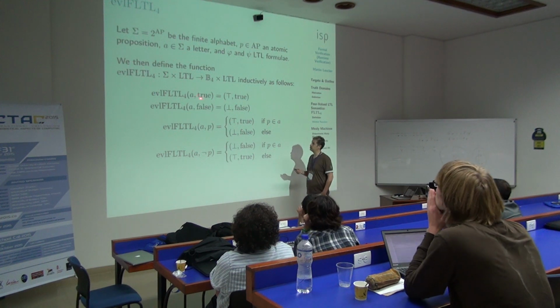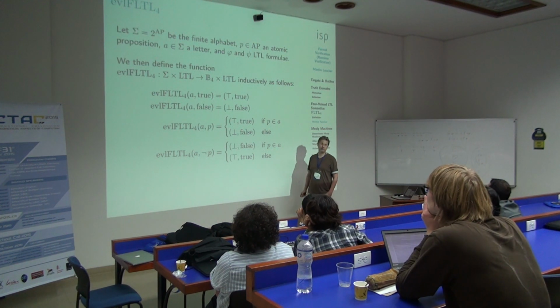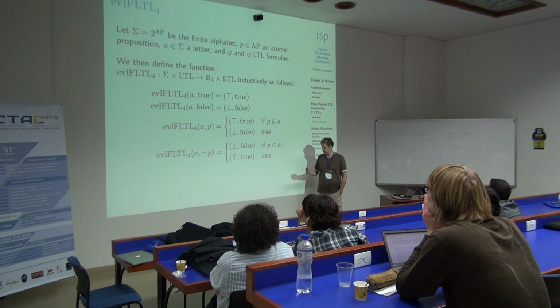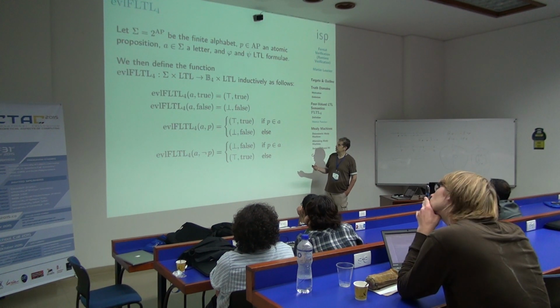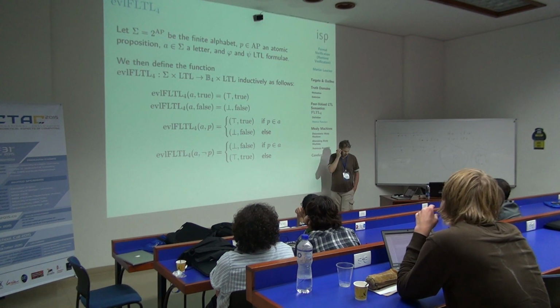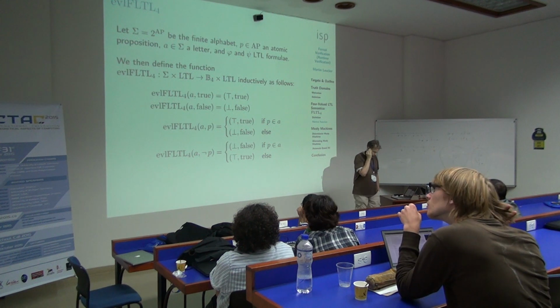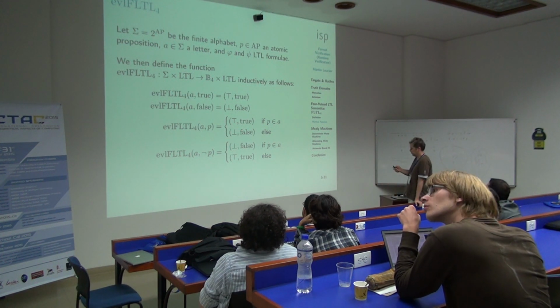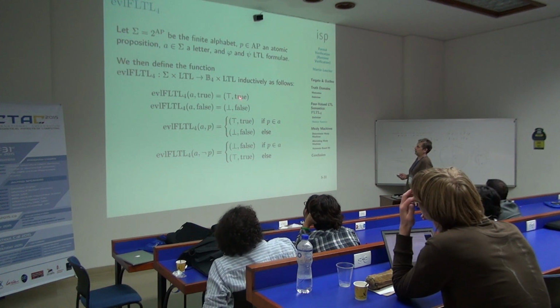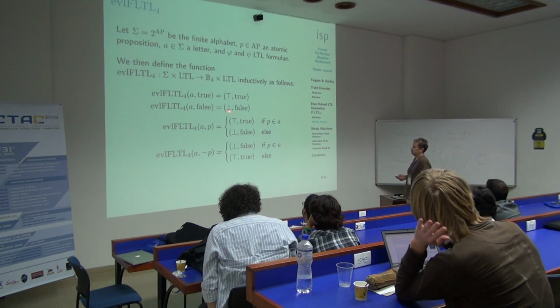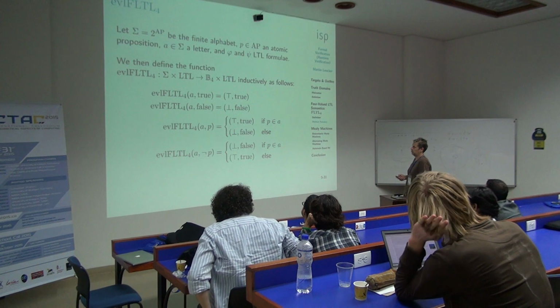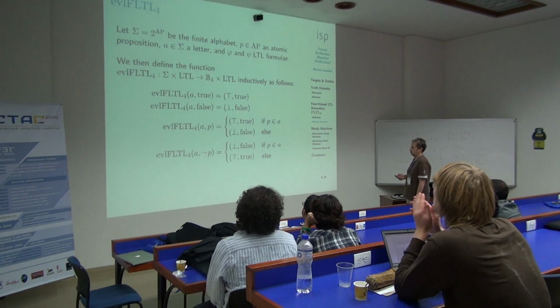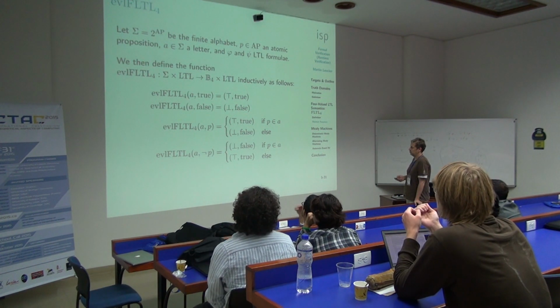If we have to check the formula true, reading some letter A, well, everything is fine, we return top. And what can you check in the next state? We have to give back something. We give back true here. False, we have lost, and we return false. Maybe let's ignore these formulas for the moment.